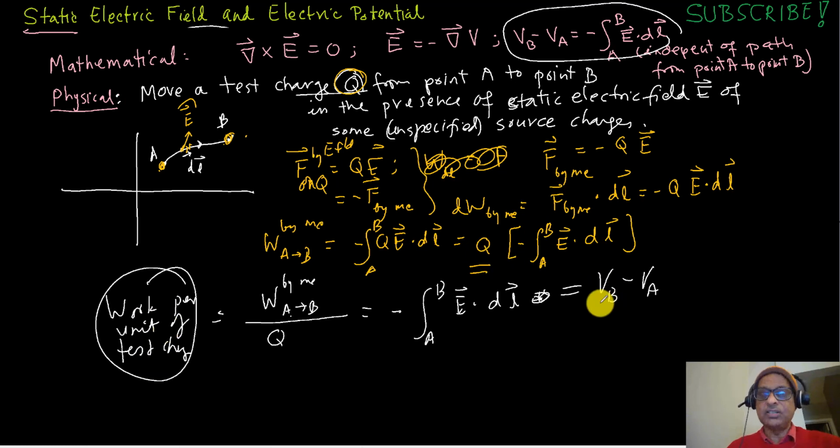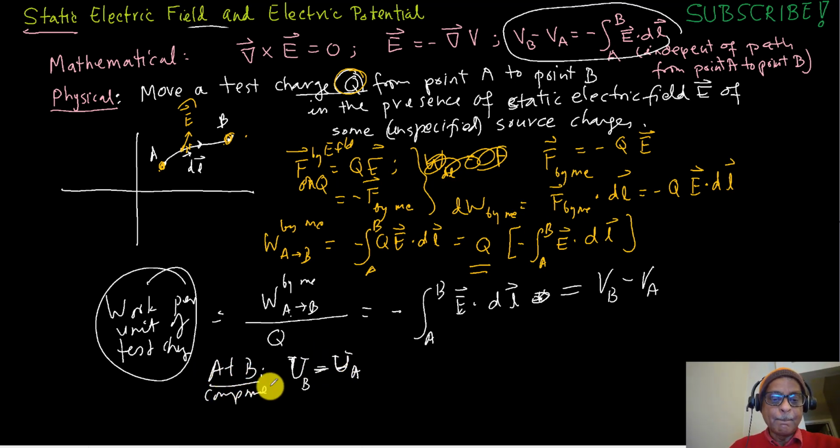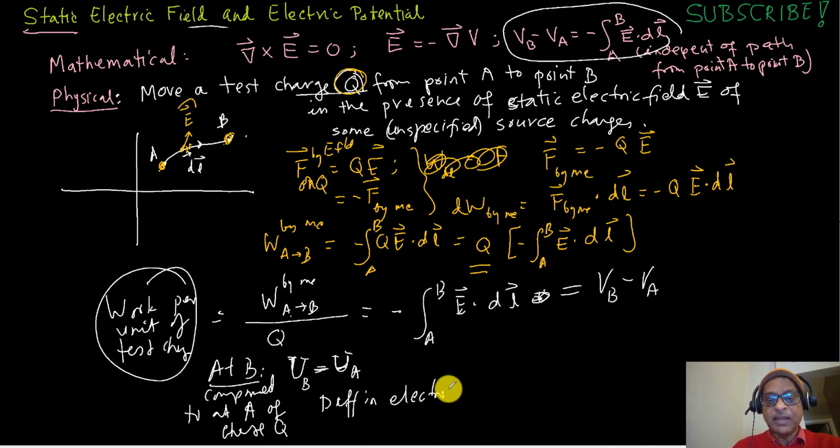So for the entire test charge, we say at B there is a potential energy, and we write the symbol U. UB minus UA, at B compared to at A, of charge Q. So this is the difference in electrostatic potential energy.